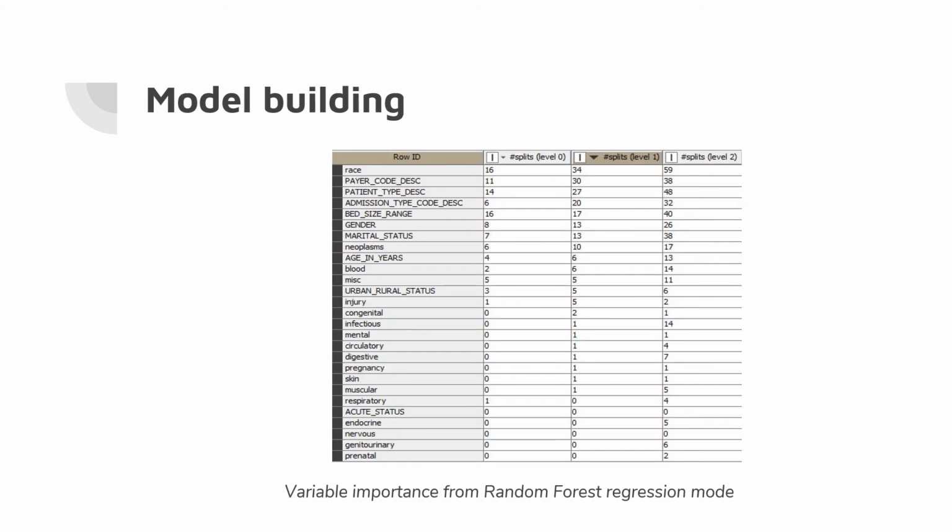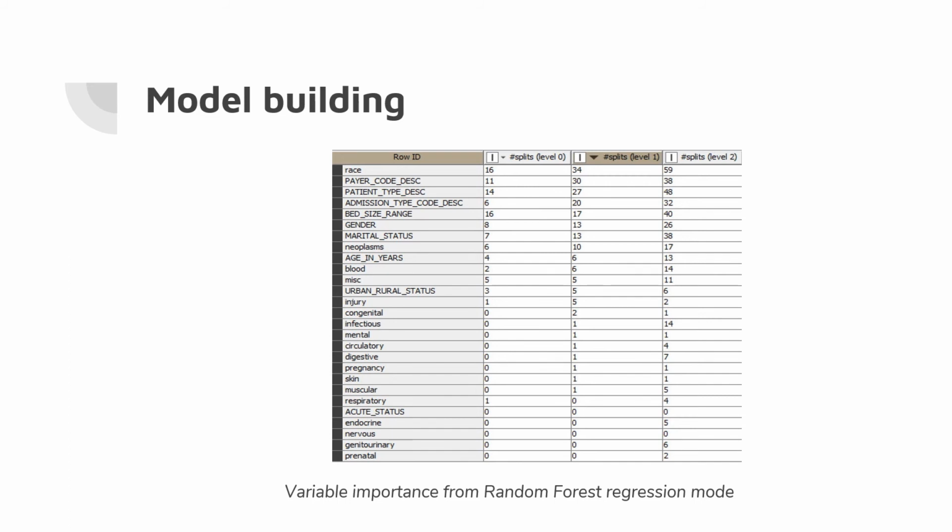One important insight that we received from the random forest regression node is the attribute statistics table. From the attribute statistics table, what we see is the number of times a variable was selected for splits, and this gives a rough estimation of the important role that a variable plays for predictive model building.